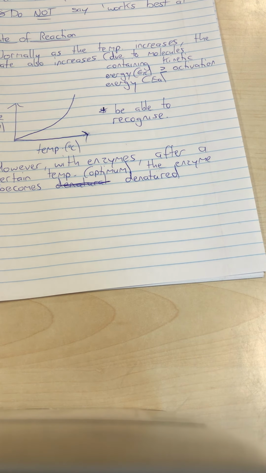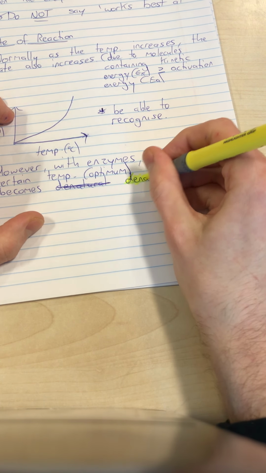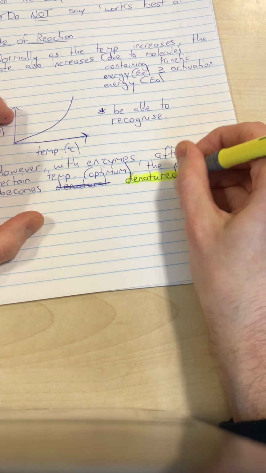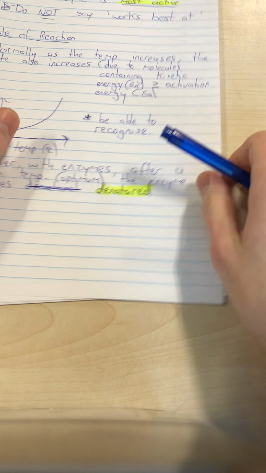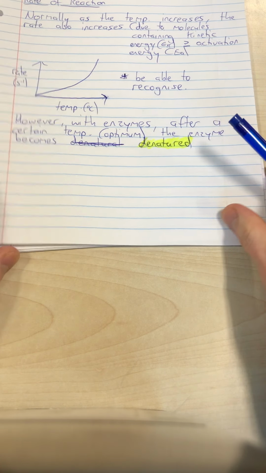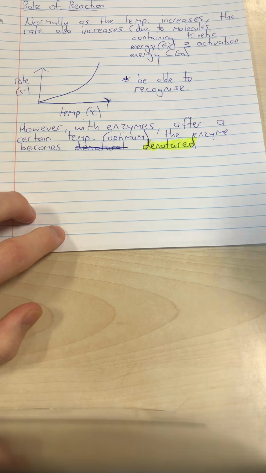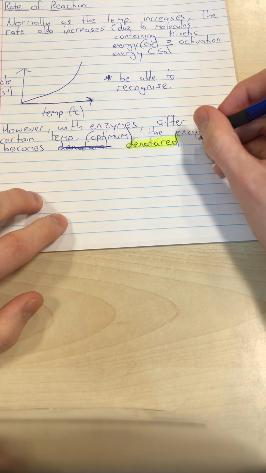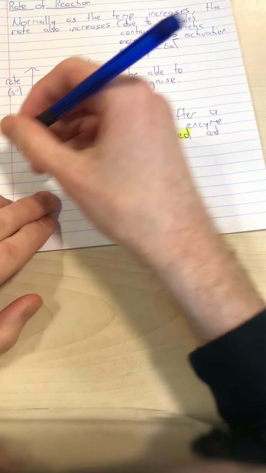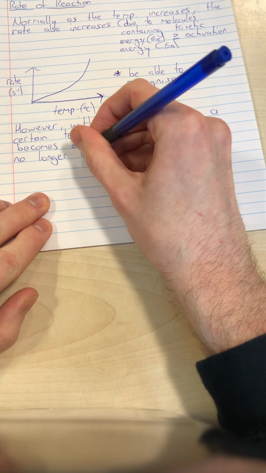Now I'm going to highlight that because that is so important. Again, I'll explain what I mean by denatured in a wee while. So after the optimum temperature, any temperatures higher than that, the enzyme starts to become denatured and no longer works.